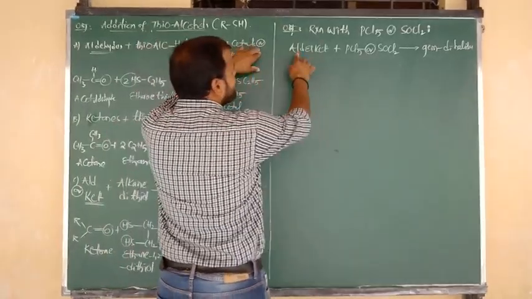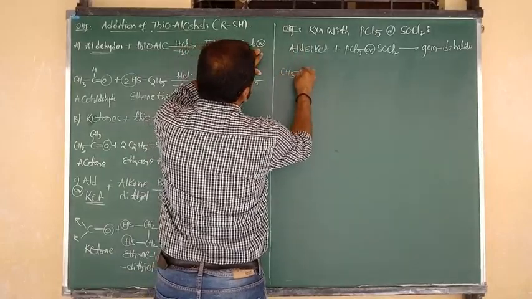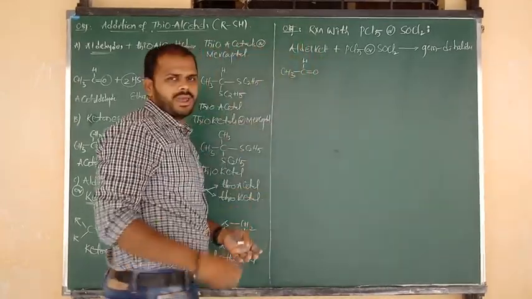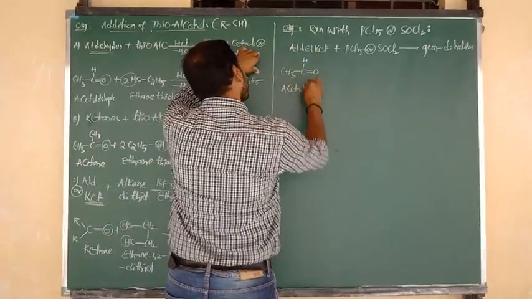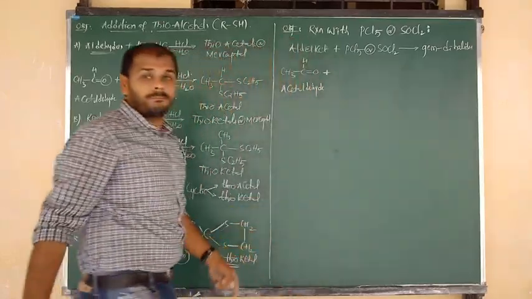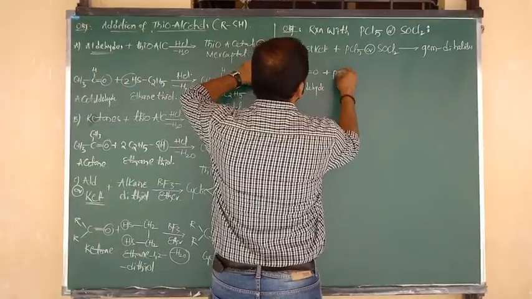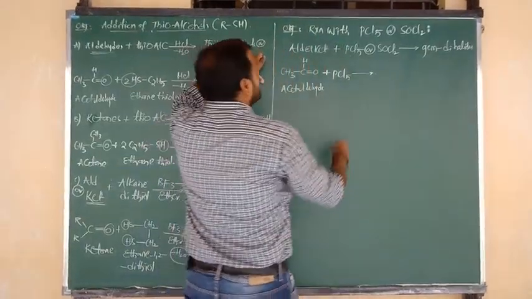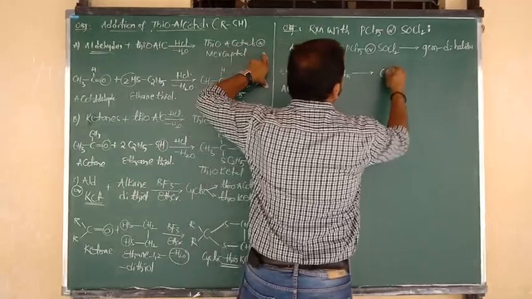One example from aldehyde, one more from ketone. The aldehyde example is acetaldehyde, CH3 bonded to C double bond O bonded to H. It upon addition with PCl5, phosphorus pentachloride. Simply we have to remove the oxygen.